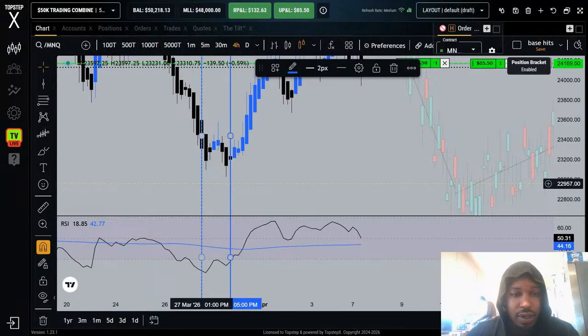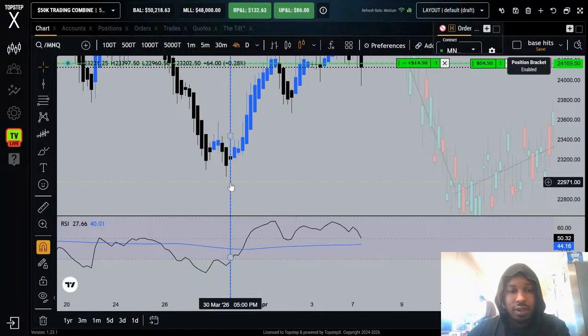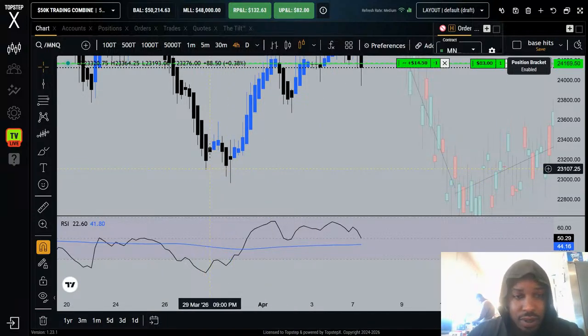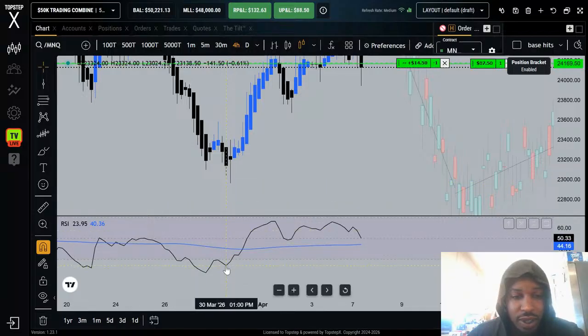and you see how price forms a divergent from this low, which was the lowest on the RSI, and then this lower low, but the RSI created a higher low.